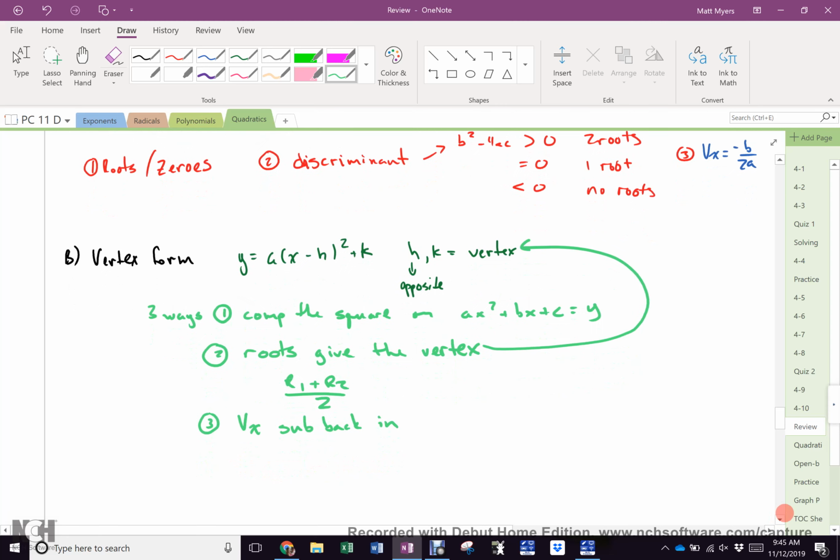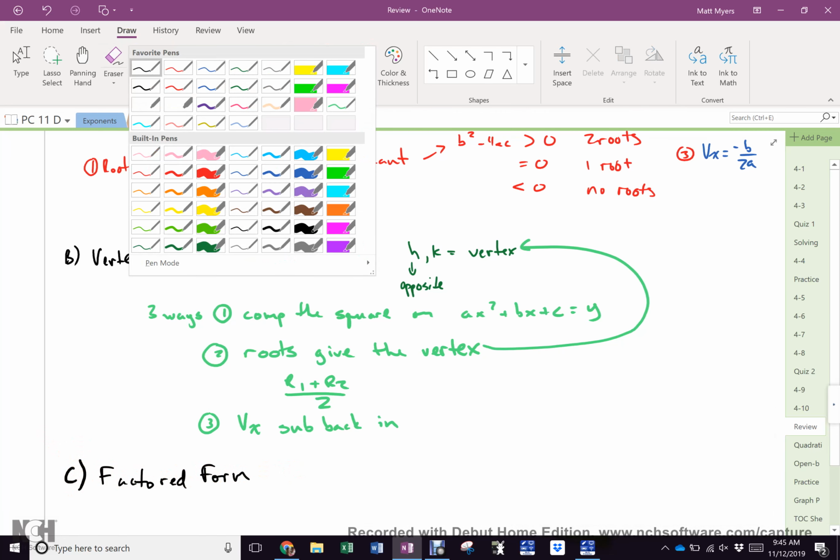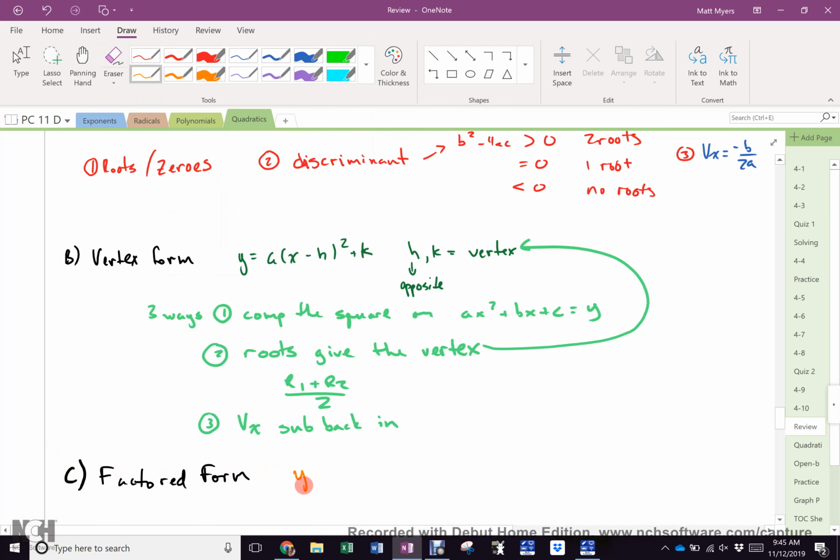No? Excellent. And the third thing is factored form. Which is, let's make that orange.